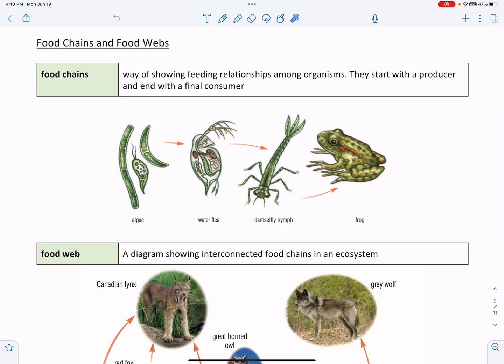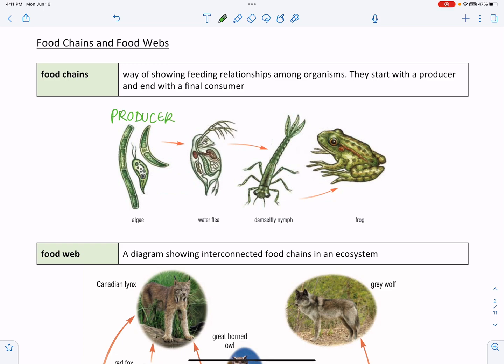Energy travels in ecosystems from one organism to another based on their feeding relationships. A food chain is a way of showing feeding relationships among organisms. They always start with a producer. The producer is an organism that can make its own food.